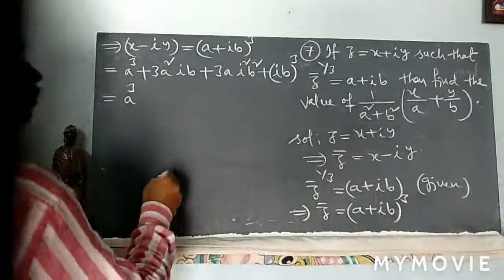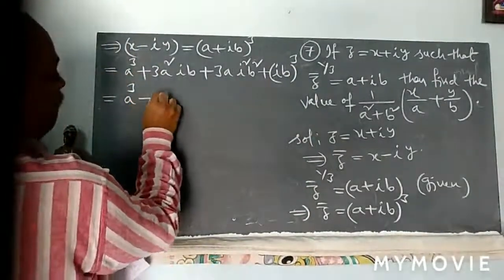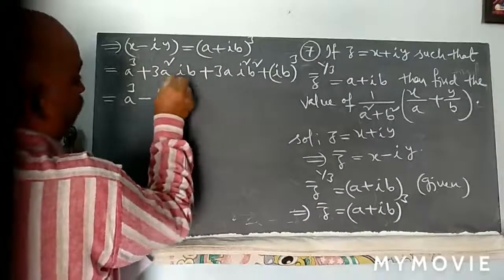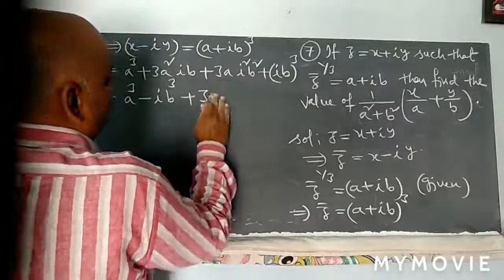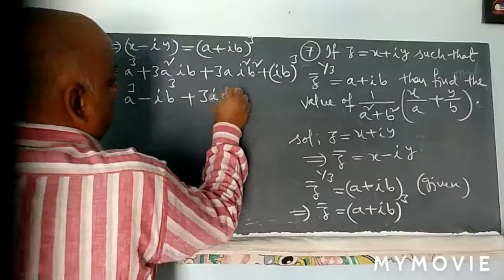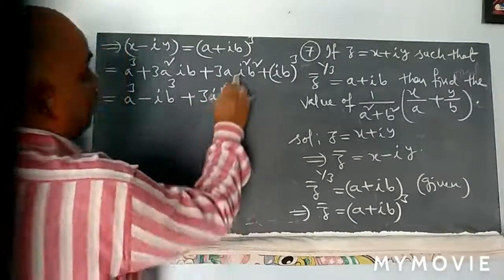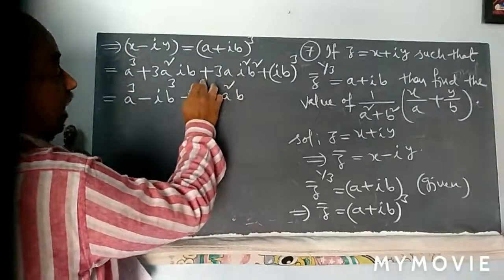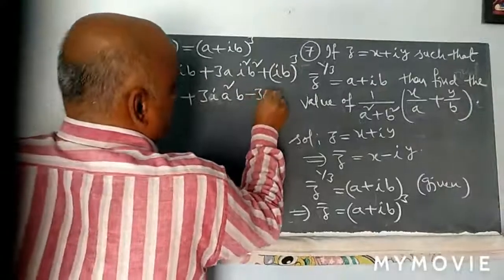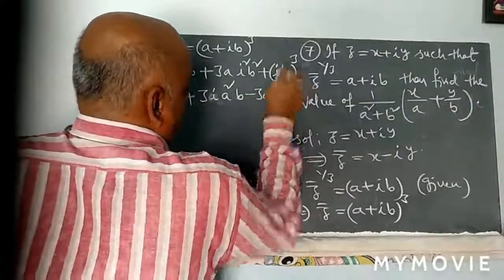So minus i b cube plus 3i a square b. Here i square value is minus 1. So minus 1 into plus, so minus 3a b square.